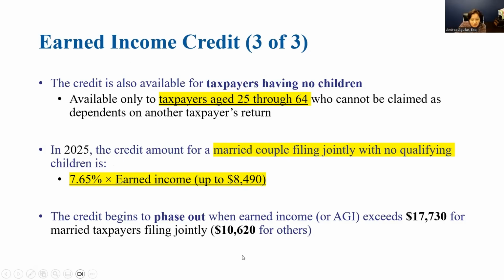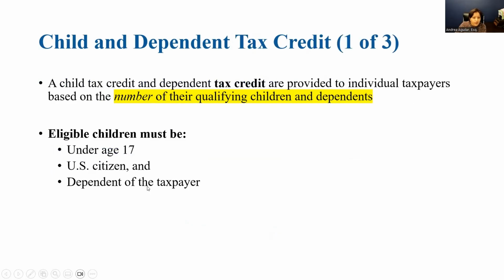The tax credit begins to phase out when earned income exceeds this phase out base amount, which in this case is $17,730 for married taxpayers filing jointly. For other taxpayers, the phase-out base amount is $10,620.